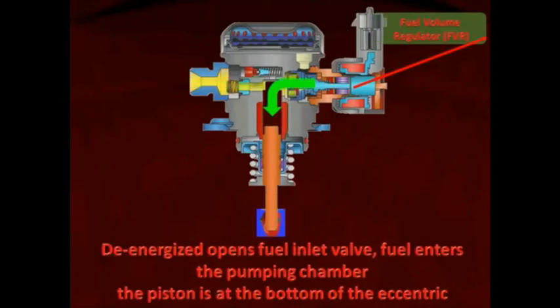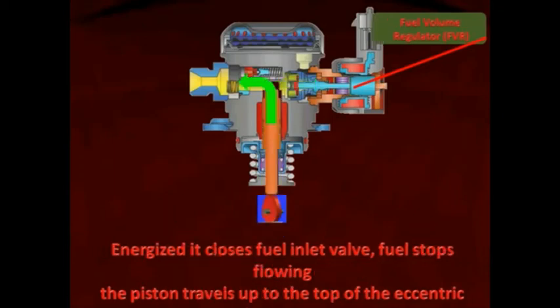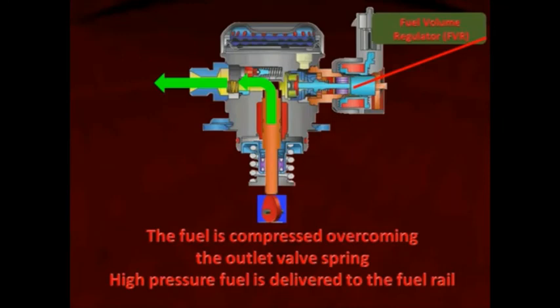When it's de-energized, it opens the fuel inlet internal to the pump, and then the fuel flows into that pumping chamber where the piston is at the bottom of its stroke because the eccentric is pointing down on the camshaft. Then when the camshaft forces the piston back up, the piston travels upward to the top of the eccentric, and then that fuel is compressed.